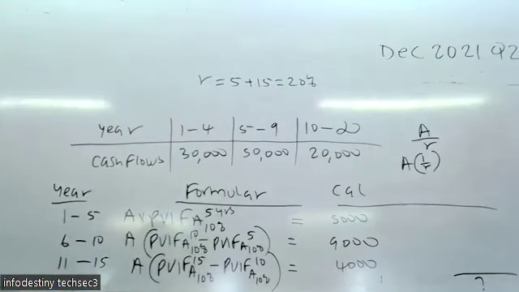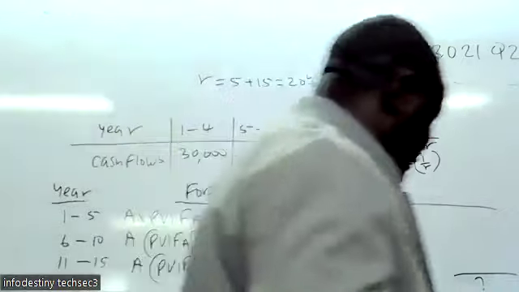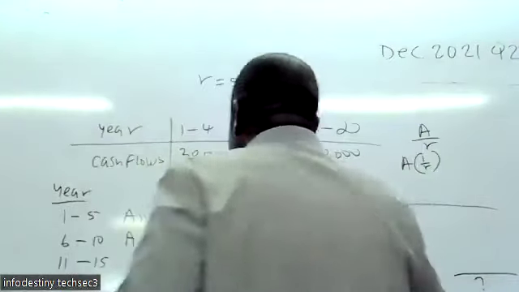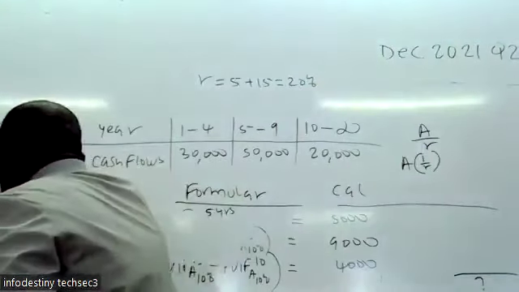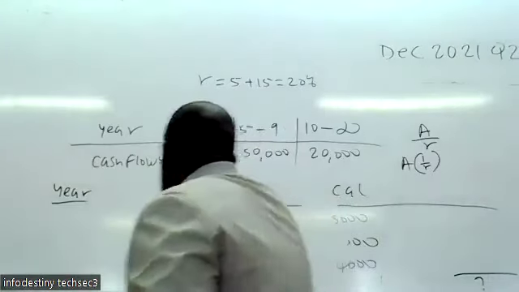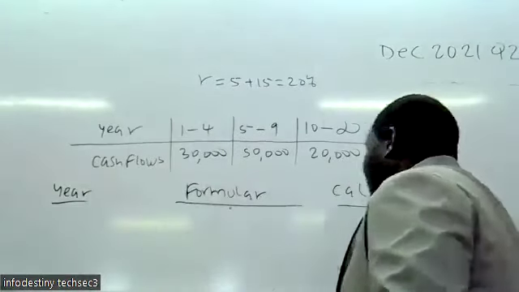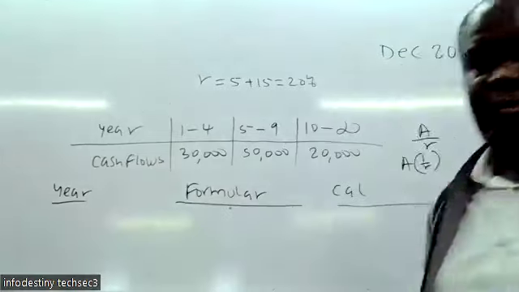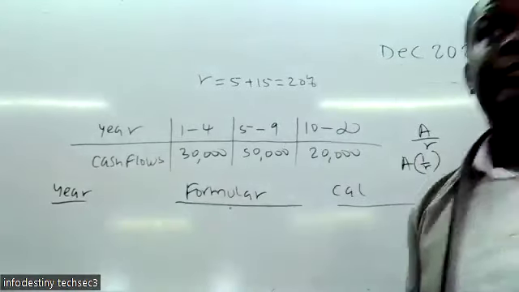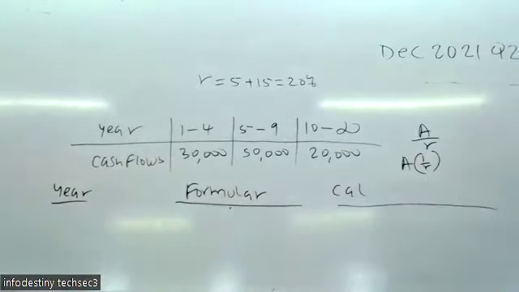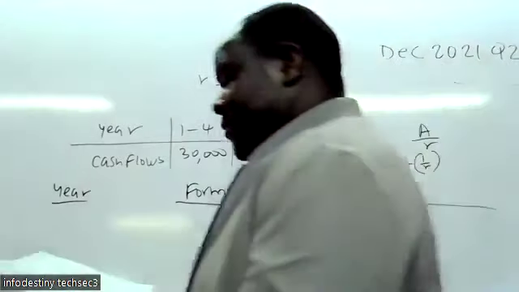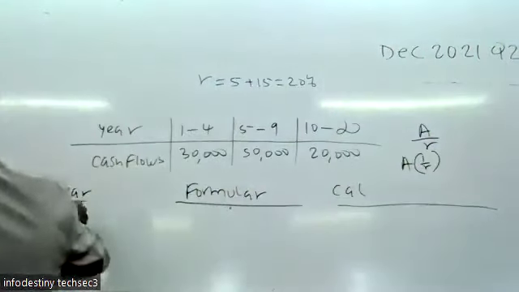Then now we arrange the same way. But year 1 and year 2, remember we use the first table because those cash flows are not annuities. So you start off with year 1.